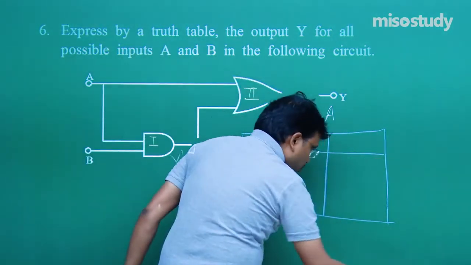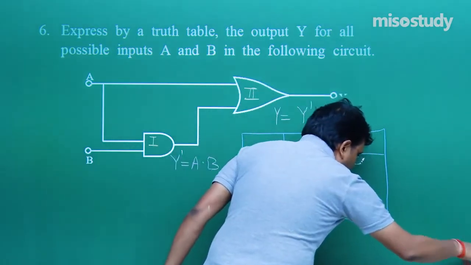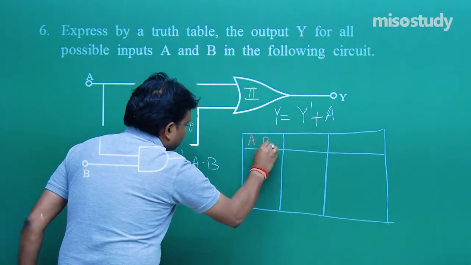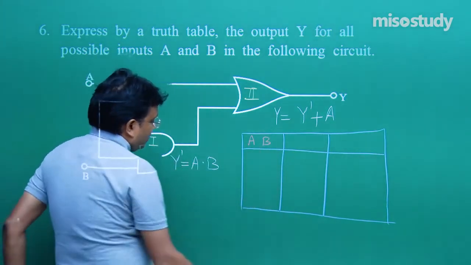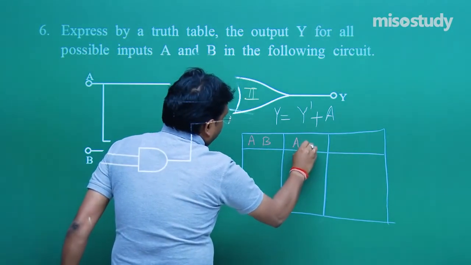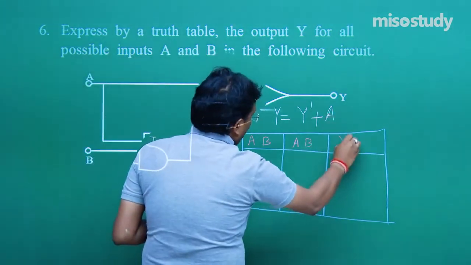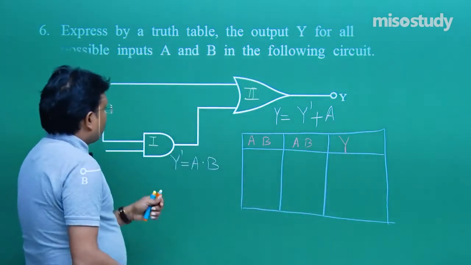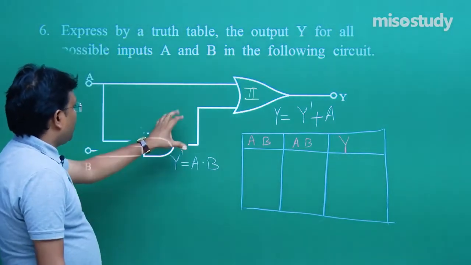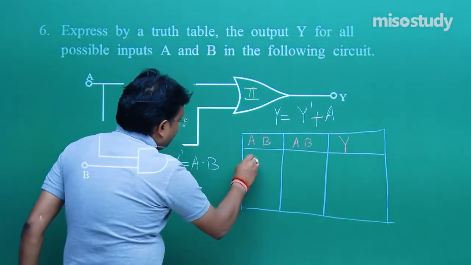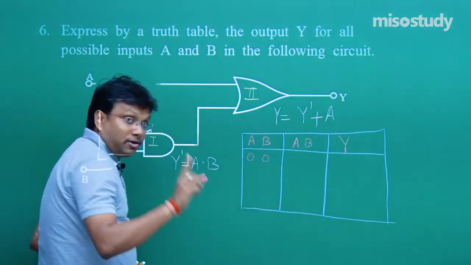Now, I want to use a red color chalk to mention some values A, B. Then A dot B, this y prime, and then this y. So, A B input is going over here, and then according to these values. A B means 0 0 possibility.